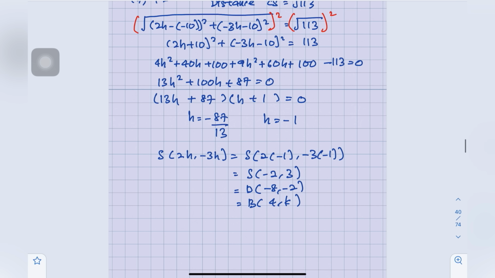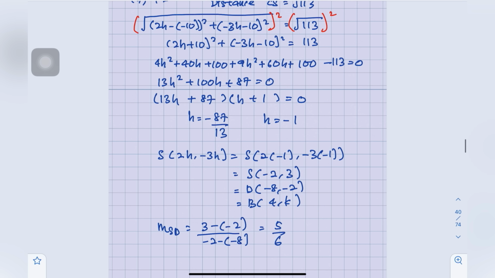Gradient SD is y2 minus y1 over x2 minus x1, so 3 minus negative 2 divided by negative 2 minus negative 8, which equals 5 over 6. So the gradient of BS or BD equals 5 over 6 as well, because they are on one line.